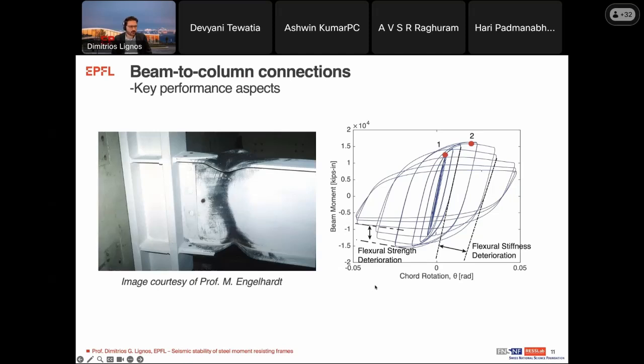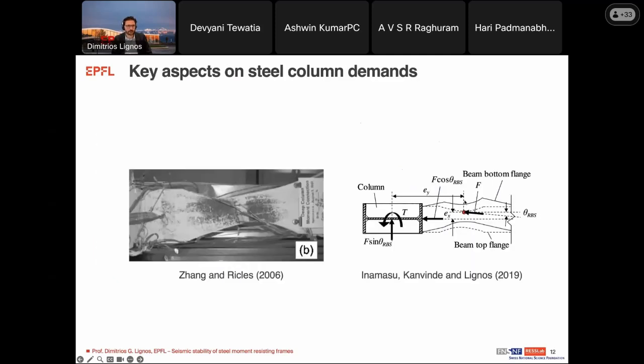And what happens in this case is that once you reach this point 2 here on the figure on the right, the flexural resistance of the connection is going to experience strength degradation because instabilities such as the one that you see here in the figure will start to become very evident. And flexural strength degradation will also be followed by flexural stiffness degradation.